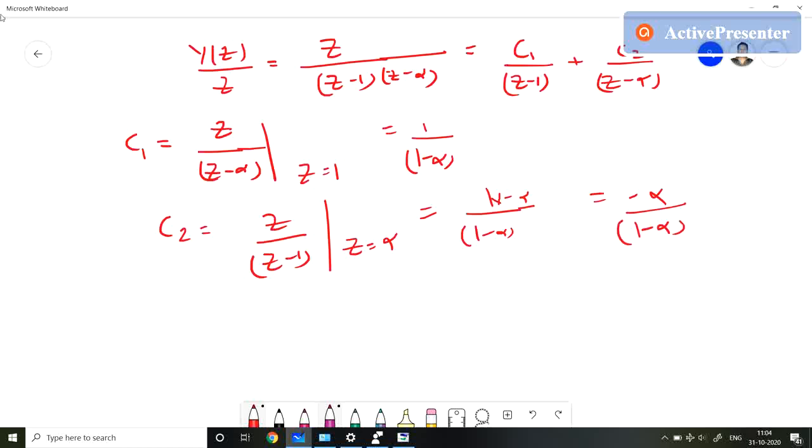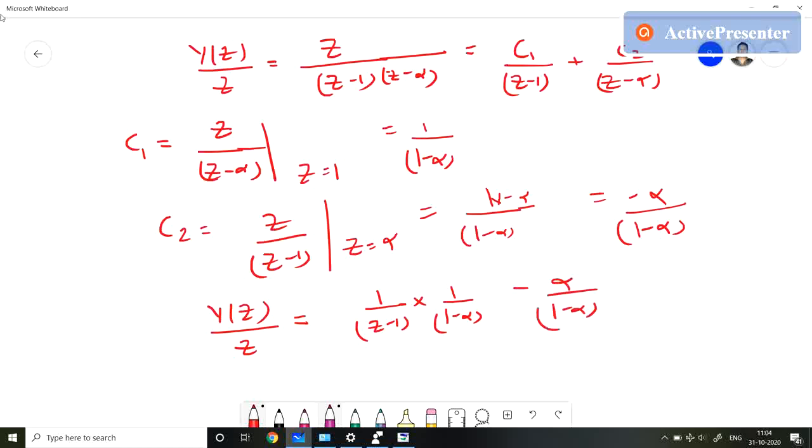So this is C2. Now Y(z) divided by z, putting the values of C1 and C2 in this equation, what we will get here? We will get 1 divided by 1 minus alpha multiplied by 1 divided by z minus 1, minus alpha divided by 1 minus alpha multiplied by 1 divided by z minus alpha. So this is Y(z) divided by z. Now what is Y(z)? We are putting z in both these terms.